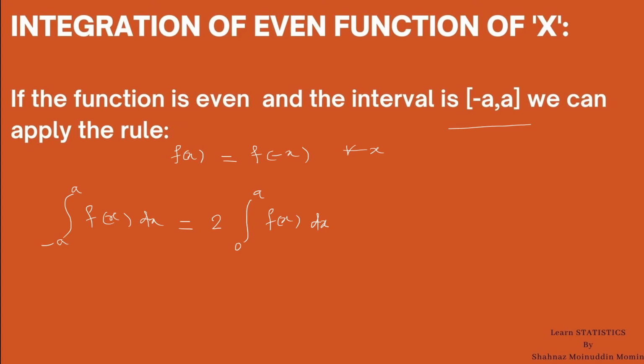These are the two rules for odd and even functions of x while integrating the function. In this way, in this lecture we have learned what odd and even functions are and how they are integrated over the interval minus a to a.